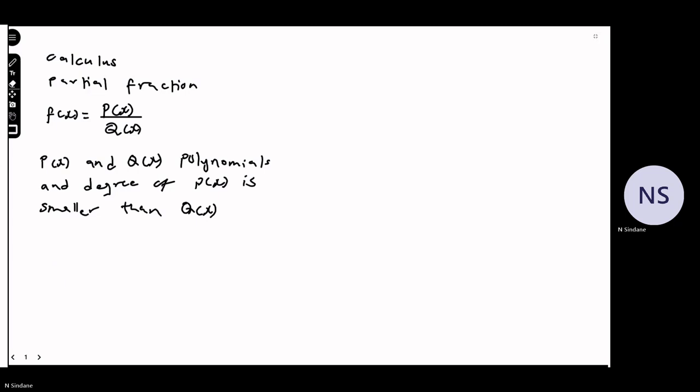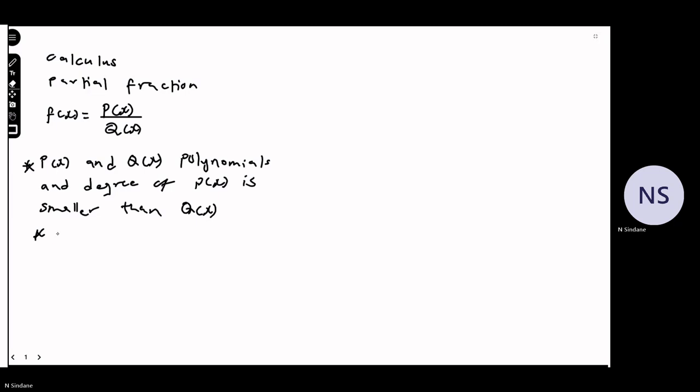Okay. Now, we're saying p of x and q of x are polynomials, and the degree of p of x is smaller than the degree of q of x, right? Step 2, we now factor the denominator, meaning we factor the q of x, simply because the degree of this is smaller than the degree of that.